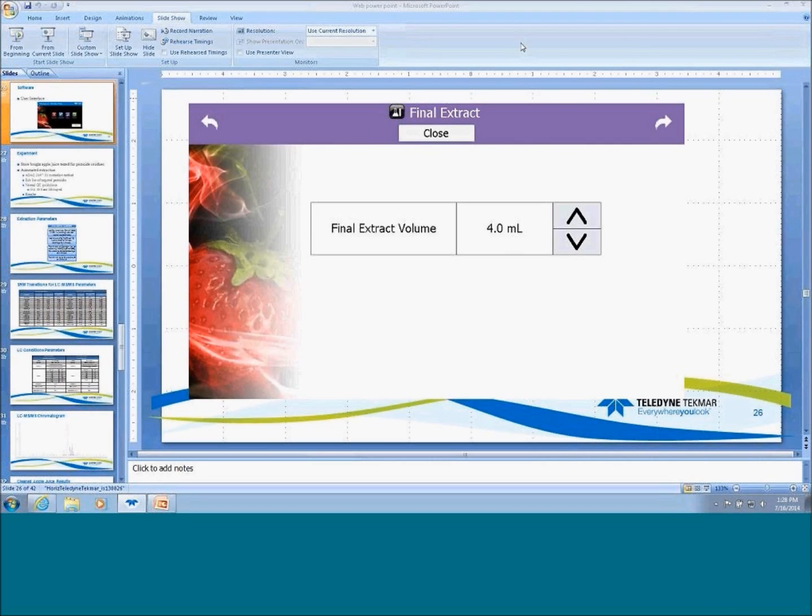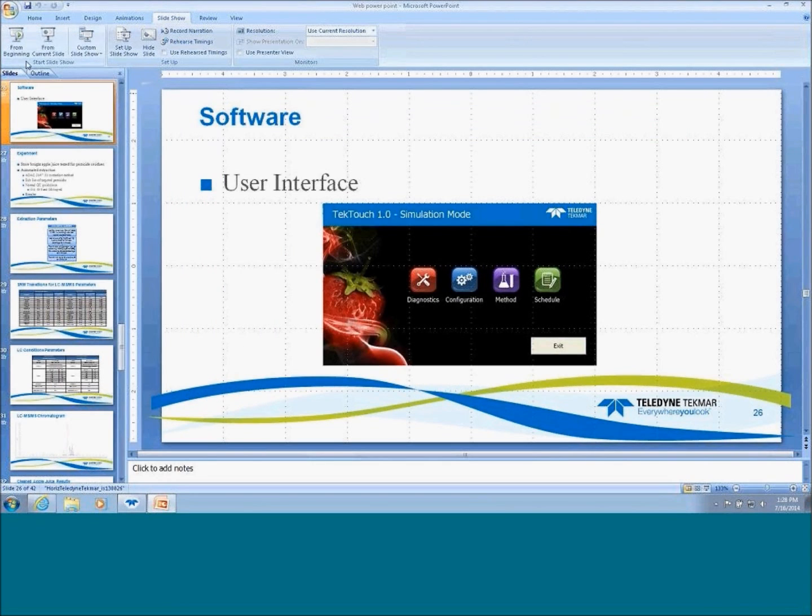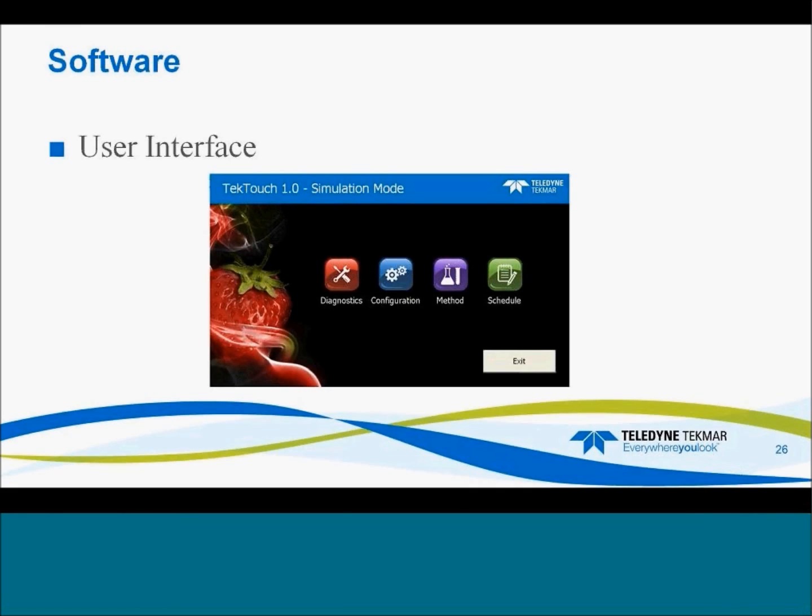So within QuEChERS, within the Automate, the simulator, within the TechTouch, you can go through and optimize your method, customization, if you would like to do a modified version of QuEChERS. Limitations are endless, so you can do what you need to do or try what you want to try.